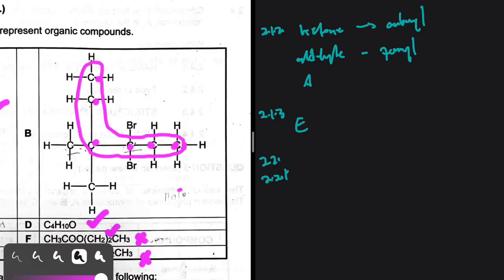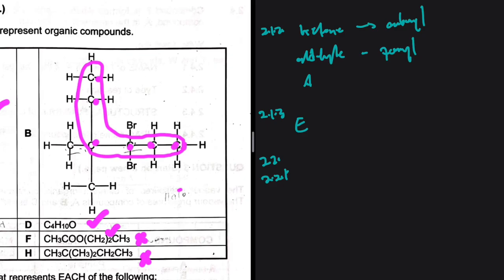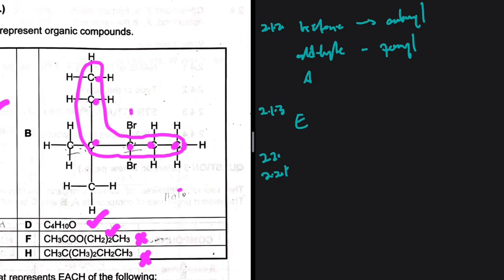So now we need to decide where we are going to start numbering. Do we start numbering from the top, or do we start numbering from the bottom? Let's see what is happening. If we start numbering from the right, we're going to have 2 branches on the third carbon, right? We're going to have 1, 2, and those 2 branches on the third carbon. But if we start numbering from the top, we're going to have these 2 branches on the third carbon as well.